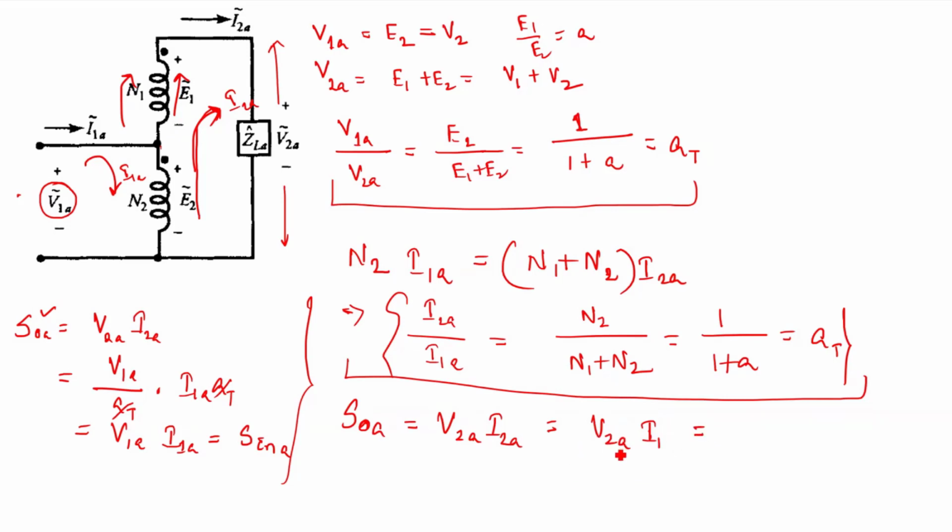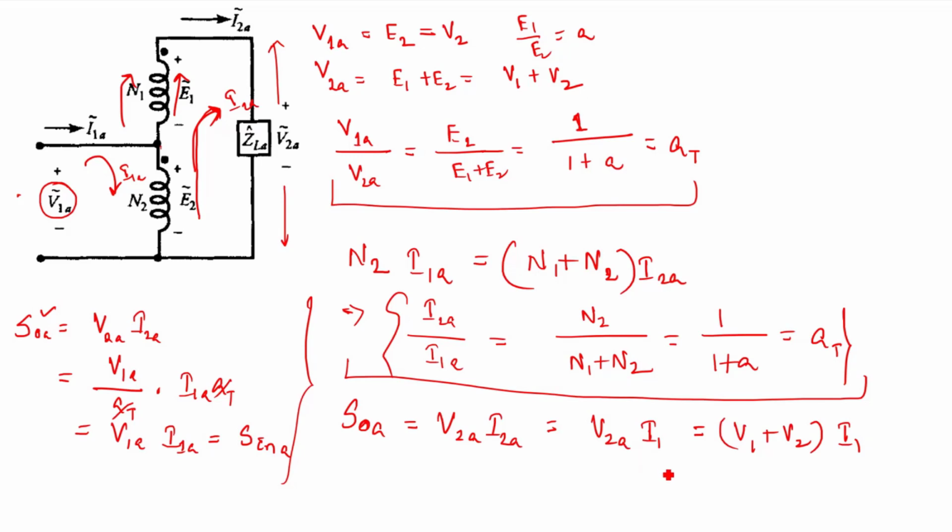So if we convert this V2A into V2, V2A is, from here, V1 plus V2, so V1 plus V2 into I1, right?